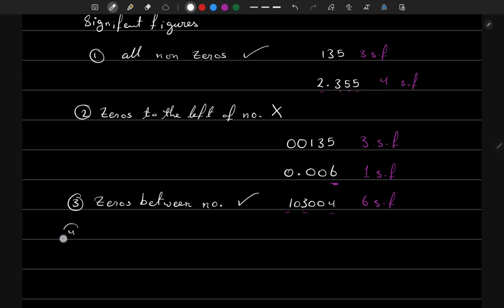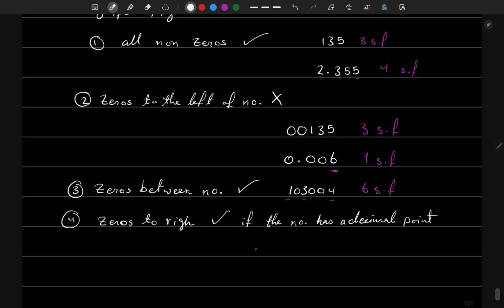And the final rule, zeros to the right are significant figures in one case, if the number has a decimal point. What do I mean? If I have 50, now this is a zero to the right.